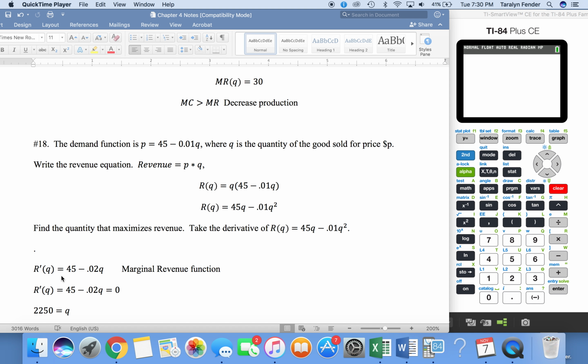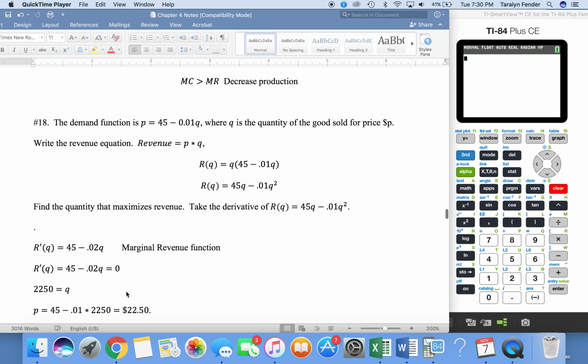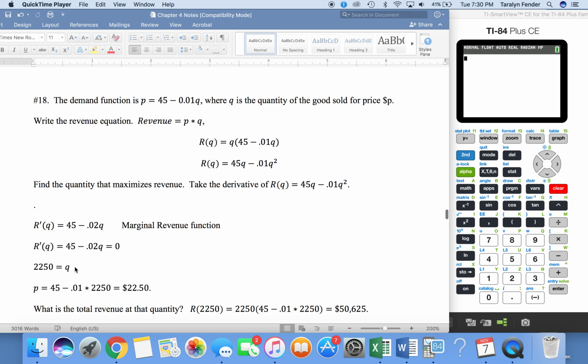We will see that the marginal revenue function is 45 minus 0.02Q, and that's 2 times 0.01, and 2 minus 1 is 1. We set that equal to 0 to find the quantity, and it will be 2250.